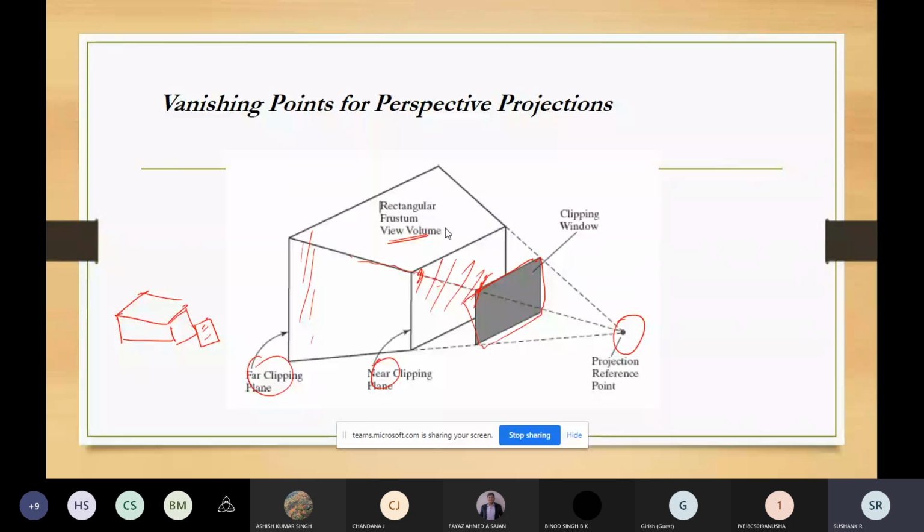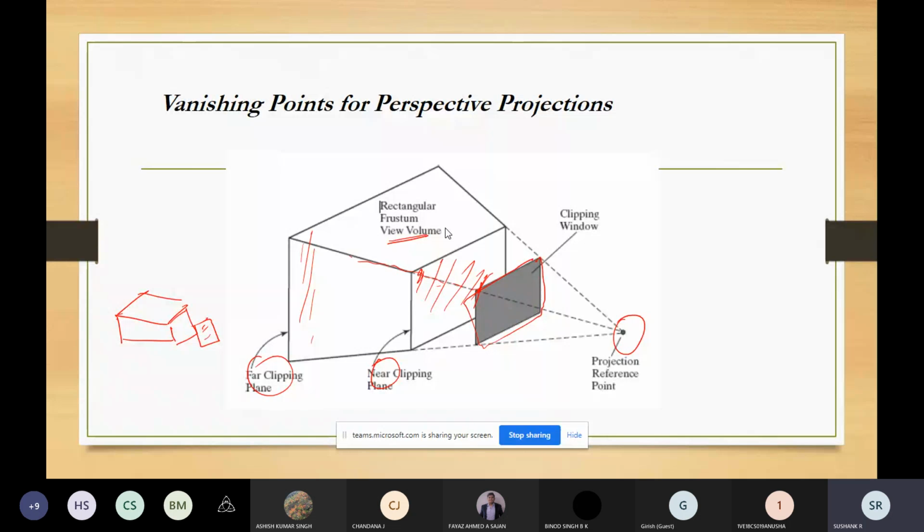The display of a scene will include only those objects that are inside the pyramid. Whatever is inside the pyramid will be captured, and whatever is outside this pyramid will not be captured.